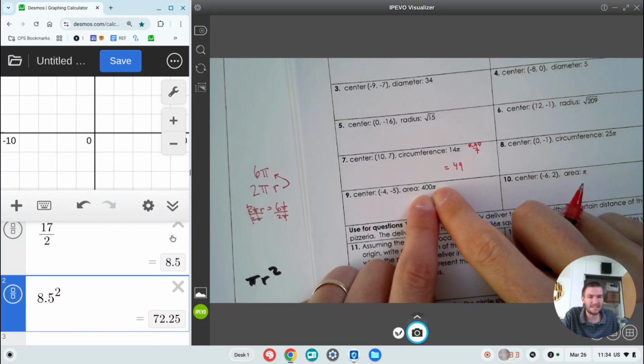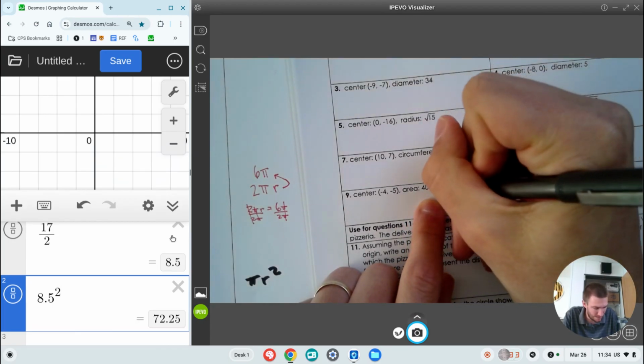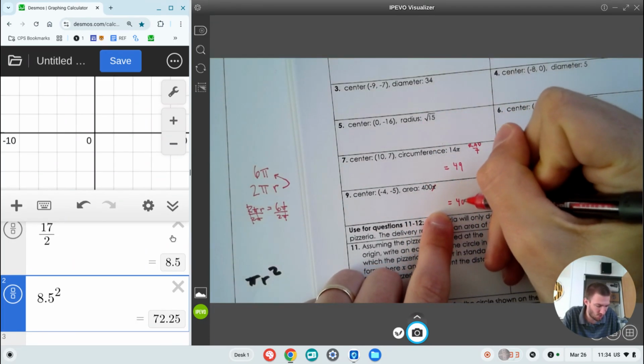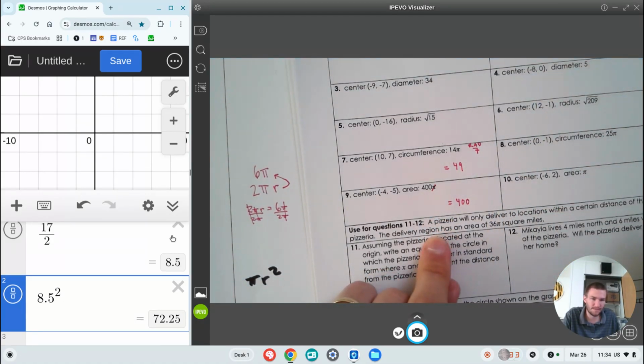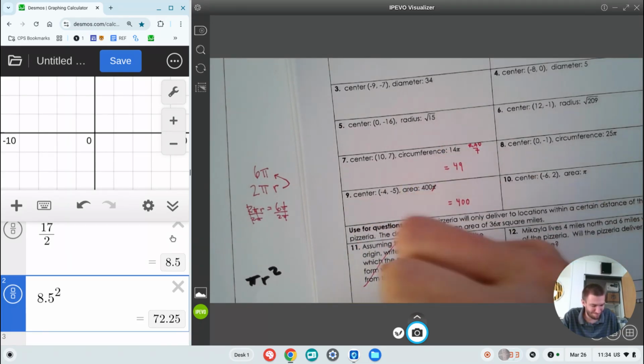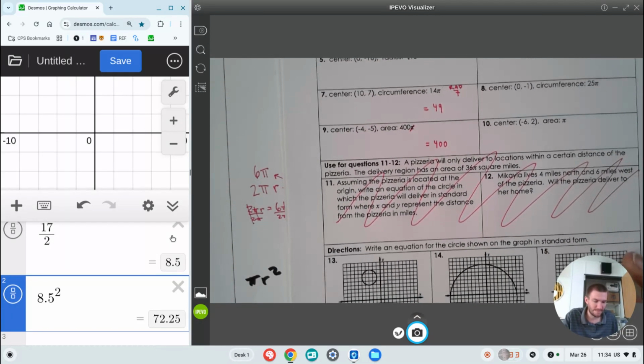Remember, this is the squared of the radius, but the good news is the squared of the radius is what we want. The trick for area is that it's already what we want. When we get here, we're going to cross off 11 and 12, and that will be all of your work for the day.